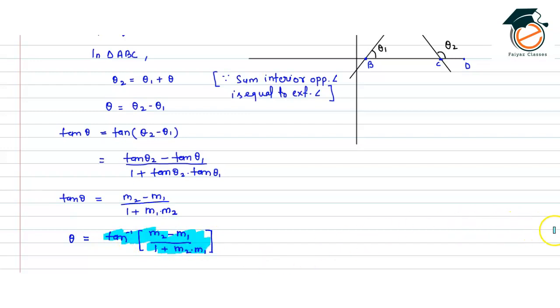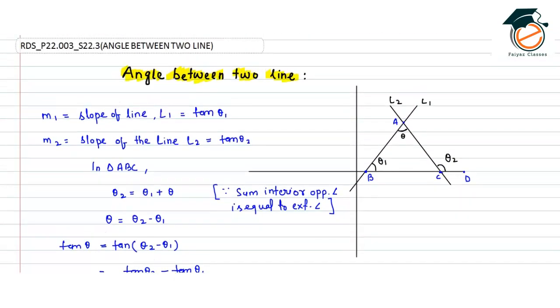Now, this angle is also the angle between two lines, and it is equal to pi minus theta. So the angle between two lines is theta and also pi minus theta.